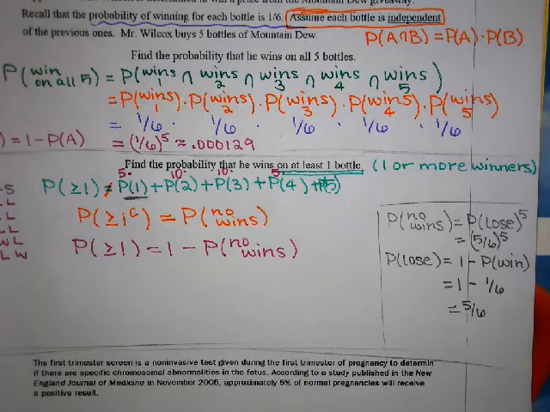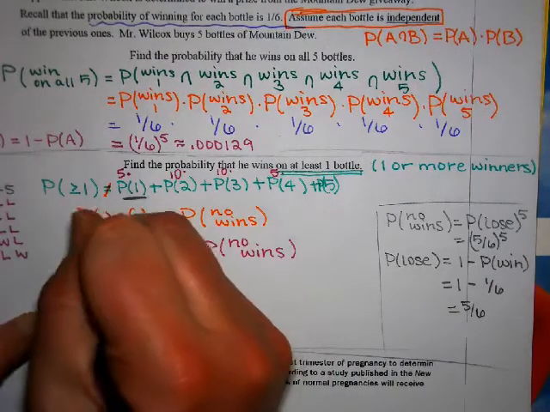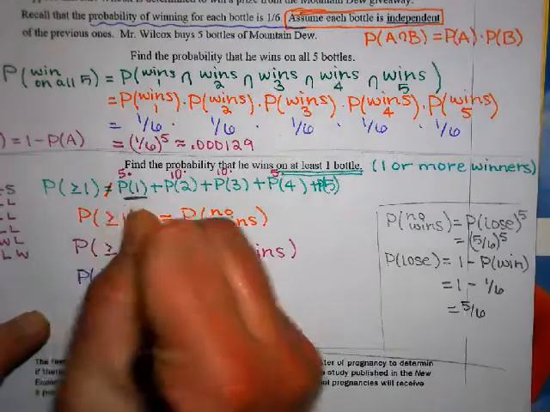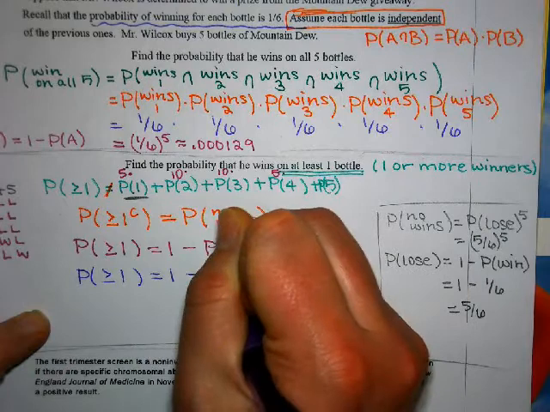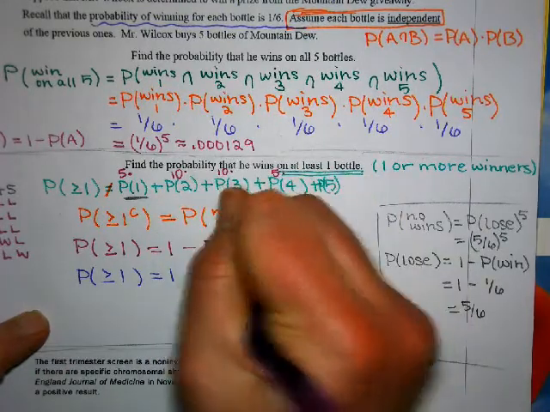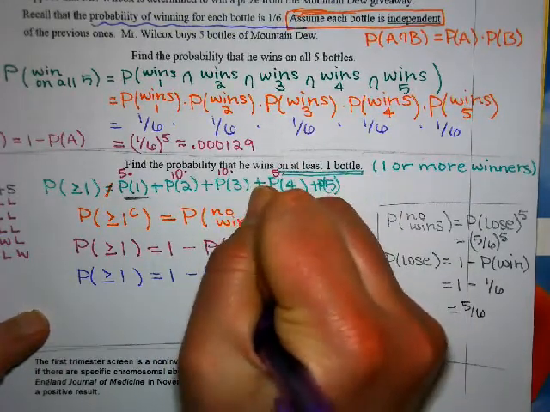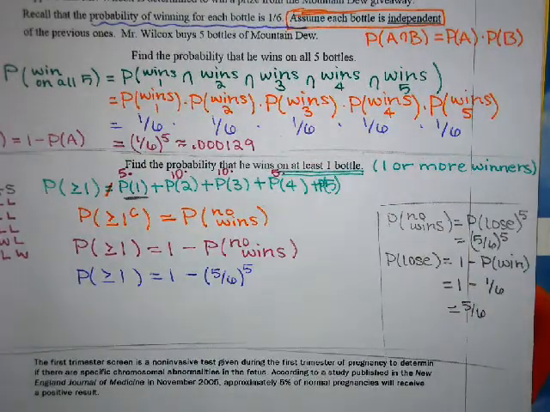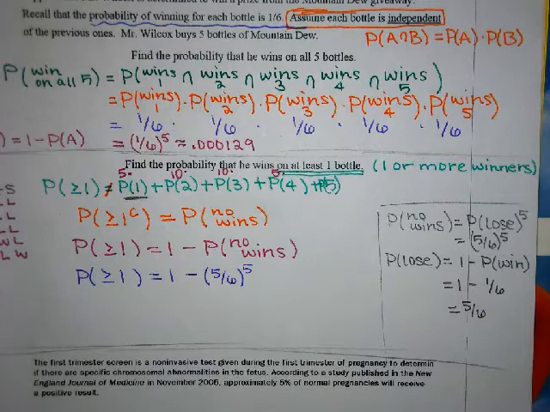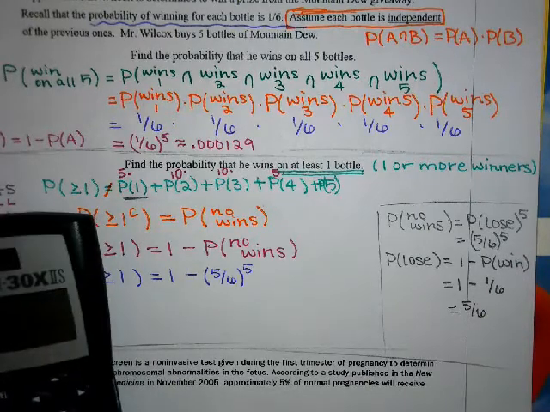So the probability that he wins on at least one bottle comes from 1 minus the probability of no wins, which we find by taking 5/6 to the 5th power. Five sixths to the 5th.